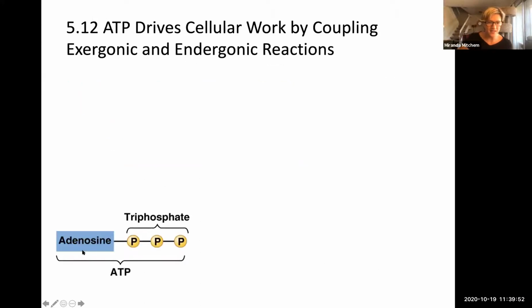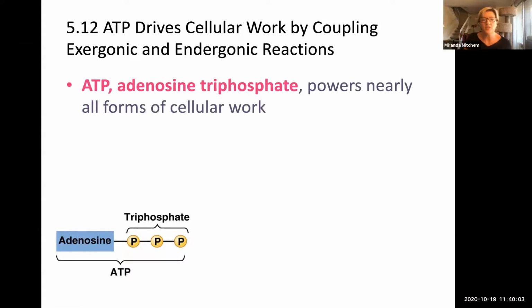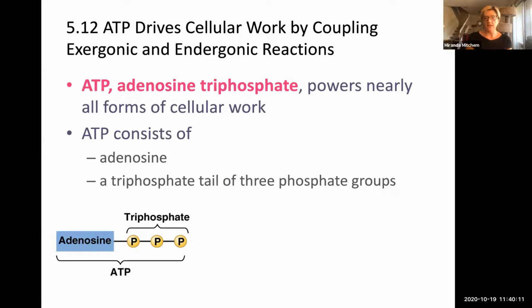So here is adenosine triphosphate. We've got 3 phosphates, which is why it's called adenosine triphosphate. And this is used to power all the forms of cellular work that we learned about in Module 8. So it's made of adenosine again, and then a triphosphate tail that has 3 phosphate groups.